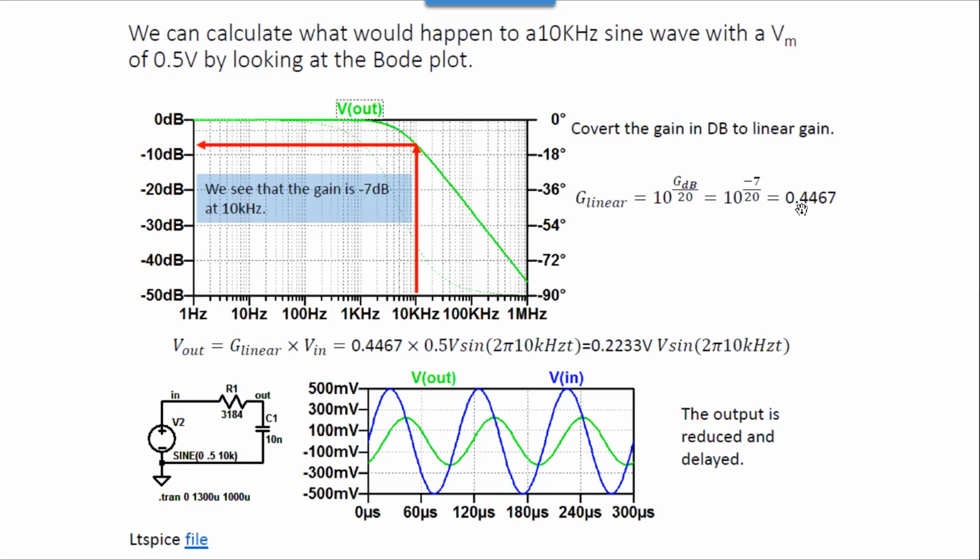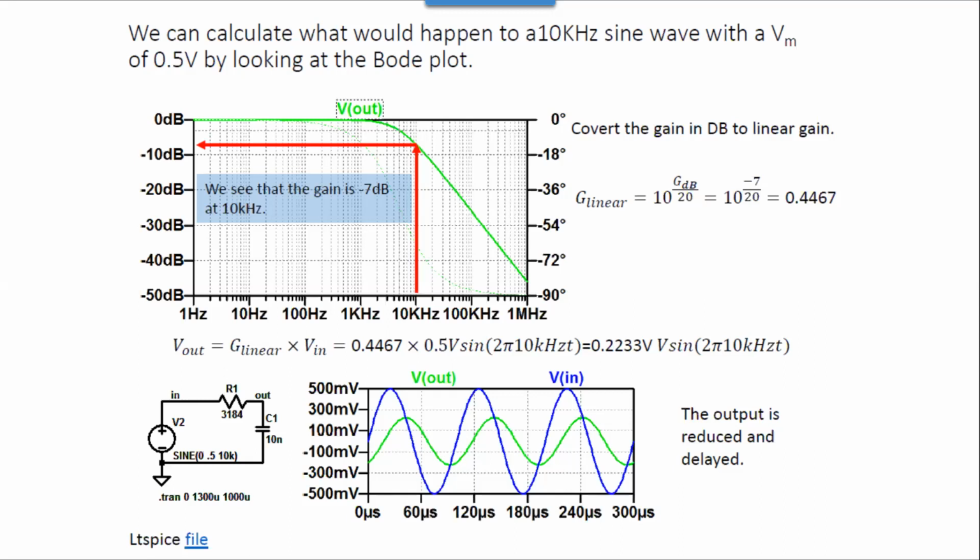So if the input is a volt, the output should be 0.44 of that. We're calculating this out. Then we simulate it, and you see that V in is going from half a volt, V out has been reduced, and it's delayed. It's a little hard to see here, but the phase is there as well.